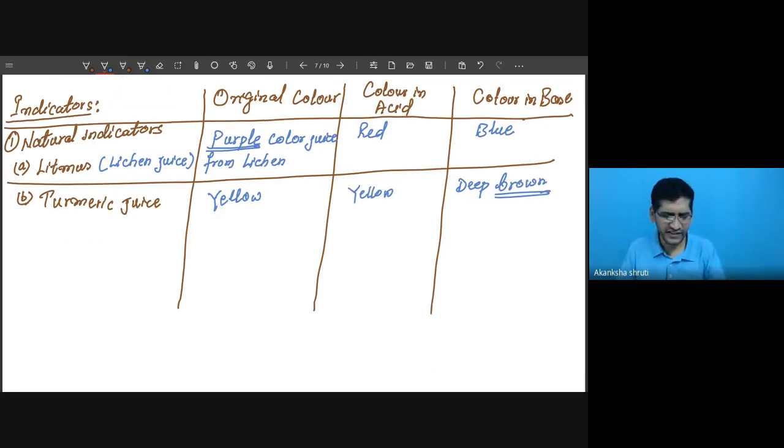The third one, let us take the red cabbage. Let me write fast. So it is again our red cabbage juice. The natural color is purple.